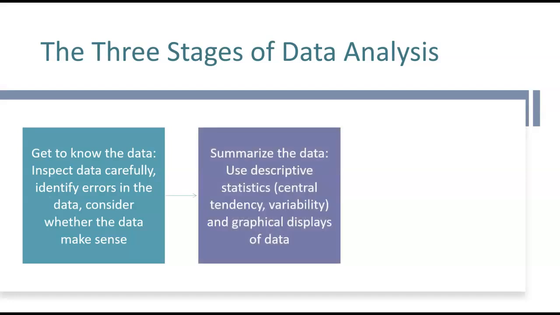Then we move on to summarizing, and that means generating descriptive statistics. And here, with quantitative variables, you're generating measures of central tendency, including means, and you're looking at standard deviations and other kinds of displays, so that you can get a sense of where in general a set of data is in terms of central tendency, and how spread out it is and what shape the distribution has.